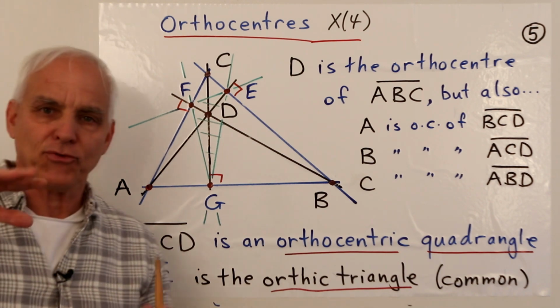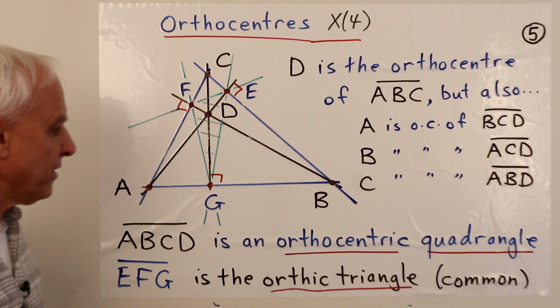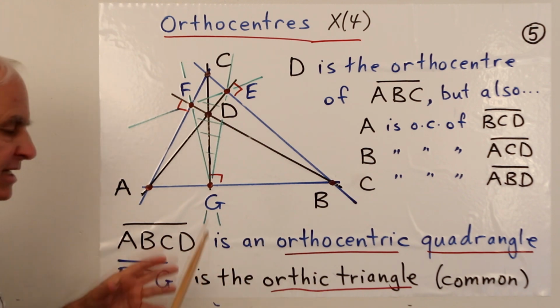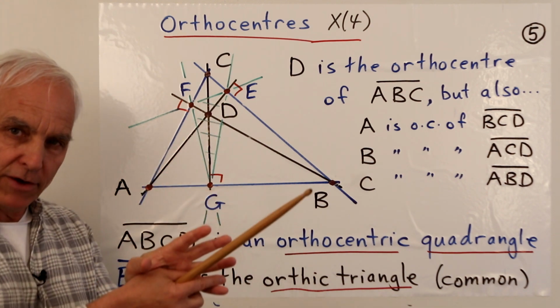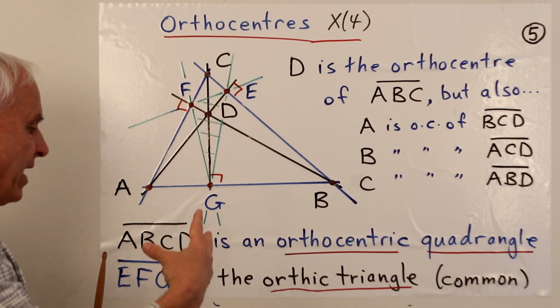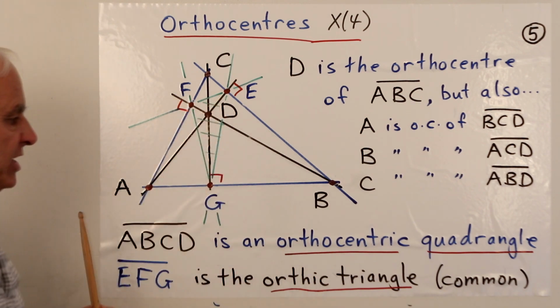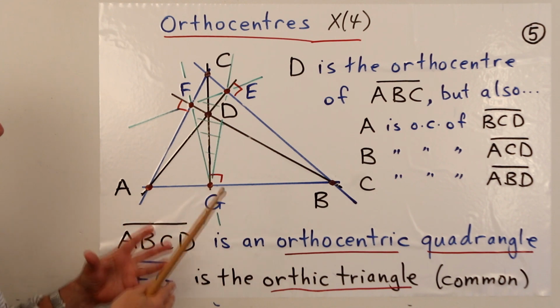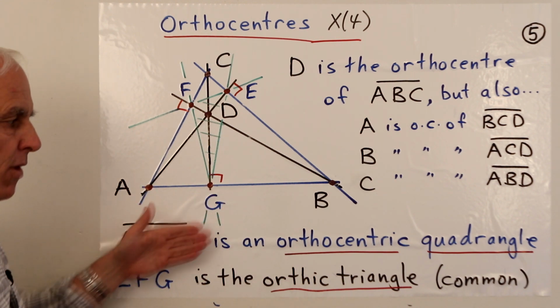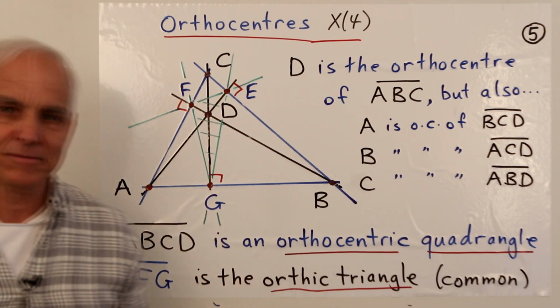So it's another 3-4 connection, right? We've got these 4 points A, B, C, D forming this very special quadrangle, and then this triangle EFG, which is somehow beautifully associated to the quadrangle, going from 4 to 3.